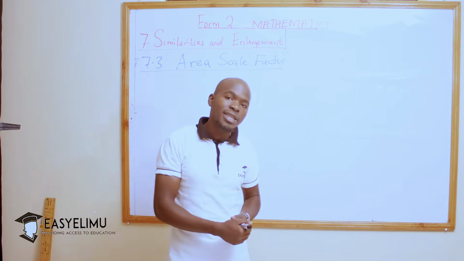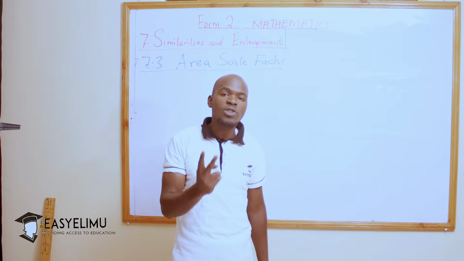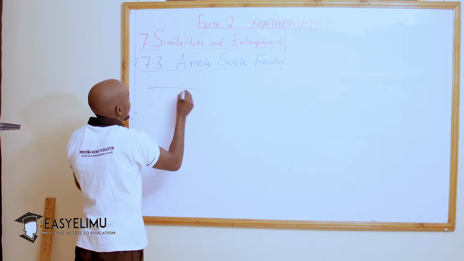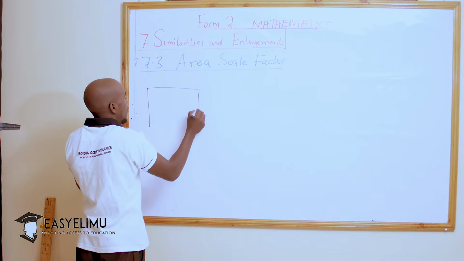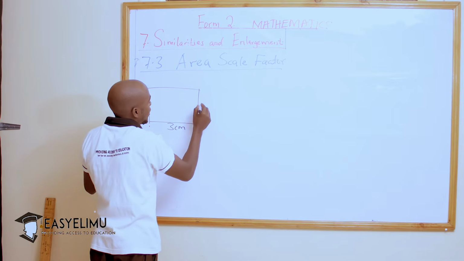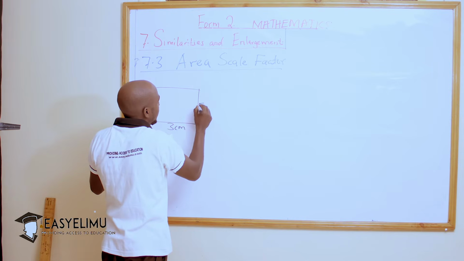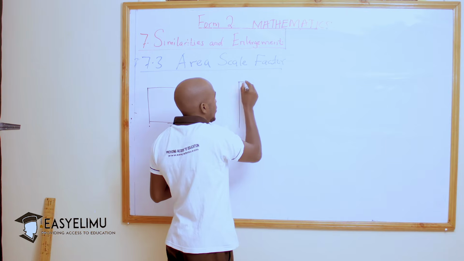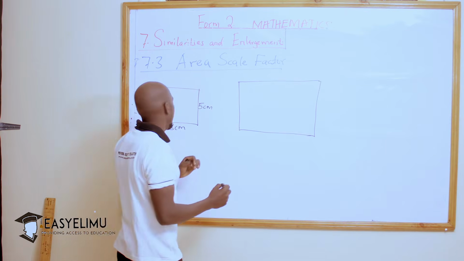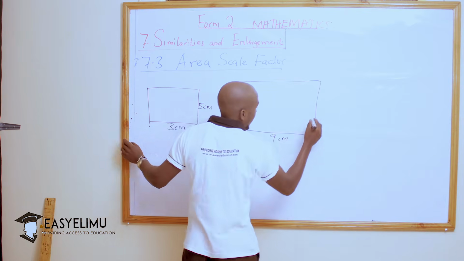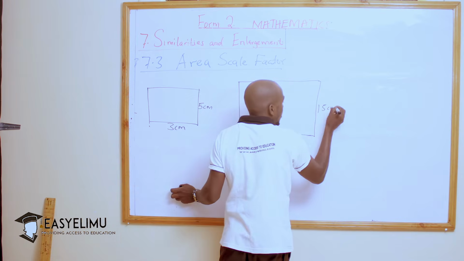Before we do that, we are going to consider two similar figures: a rectangle with one side measuring 3 centimeter and the other side measuring 5 centimeter, and another larger rectangle that measures 9 centimeter and 15 centimeter.